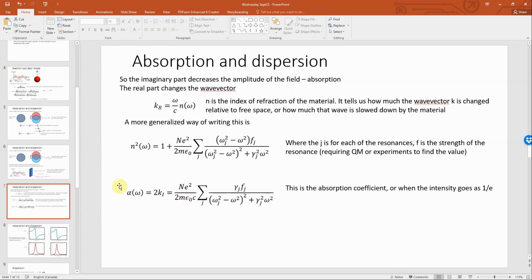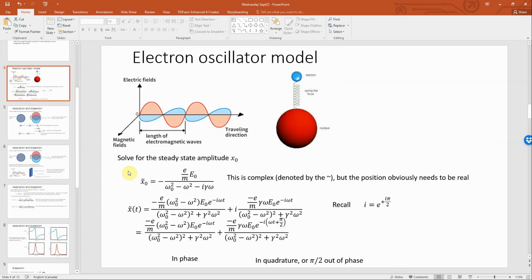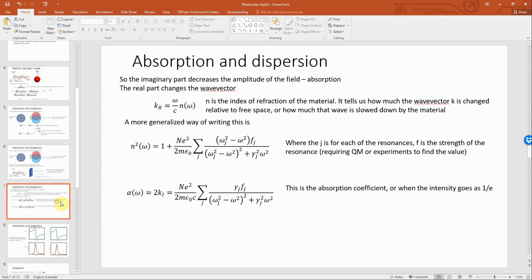Okay, so basically we've done this calculation for this electron that's oscillating in this electromagnetic wave, and it's causing this electron to change its amplitude, and there's a part that drives in phase, and there's a part that drives pi by 2 out of phase. The part that drives in phase is going to be changing the index of refraction of this material, whereas the part that oscillates pi by 2 out of phase is going to actually lead to absorption of this radiation.